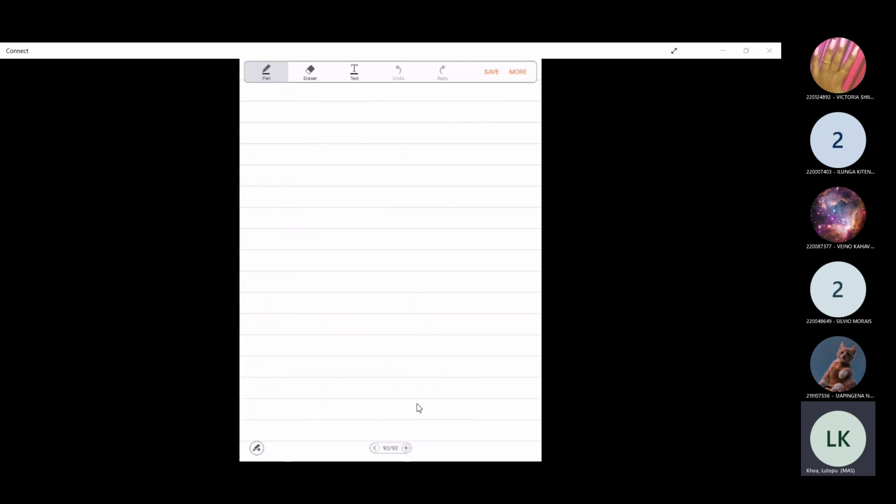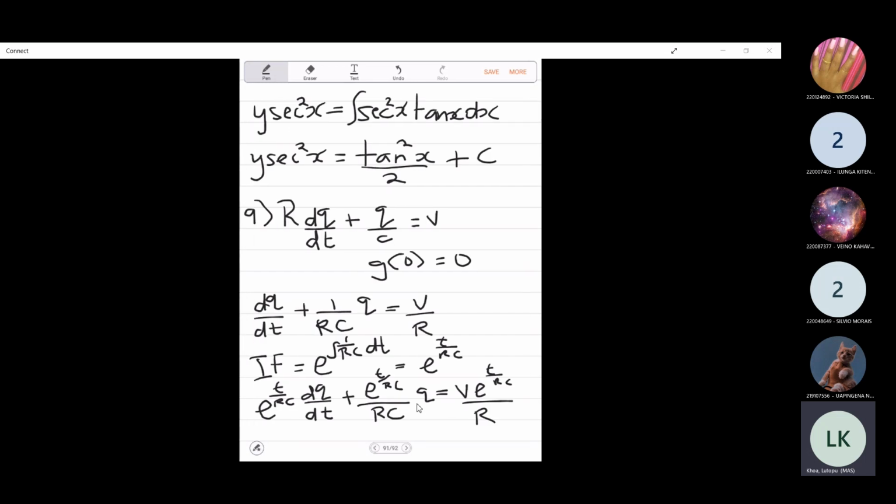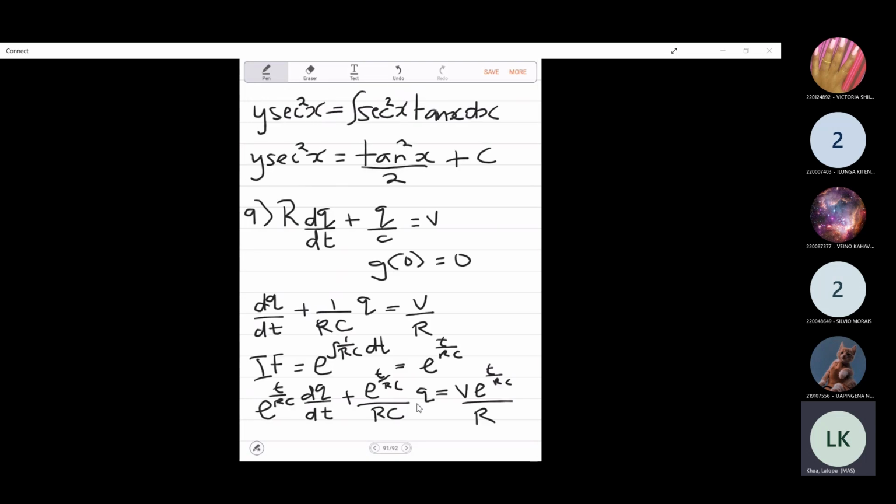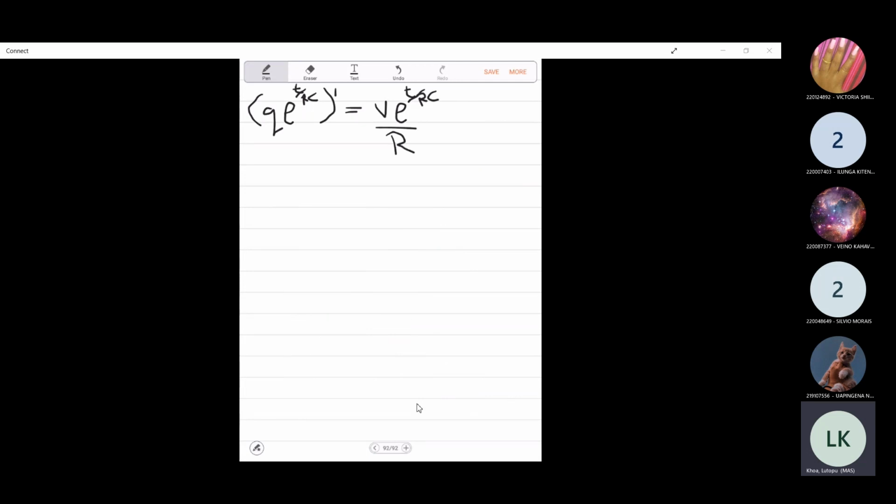So we have Q e to the power of t over RC, prime. This is equal to what we have on the right hand side, V e to the power of t over RC divided by R. Okay, then to get rid of the prime, integrate on both sides.